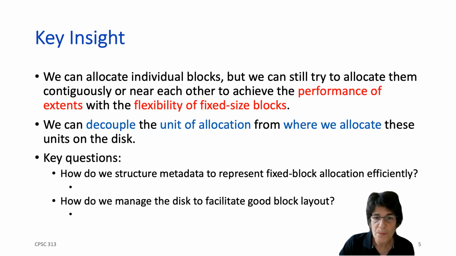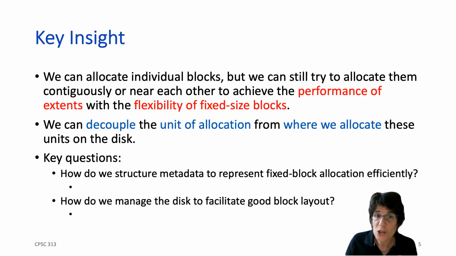So there's a key insight that makes these fixed block file systems a much better idea. And the idea is that you can decouple the notion of how we allocate blocks from where we place them on the disk. So what you can do is you can say, well, I'll allocate these blocks, but what I'm going to try to do is put them close together so that I can still get the performance as if I had implemented extents.